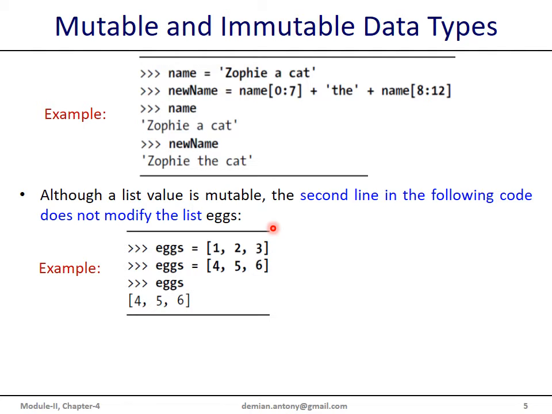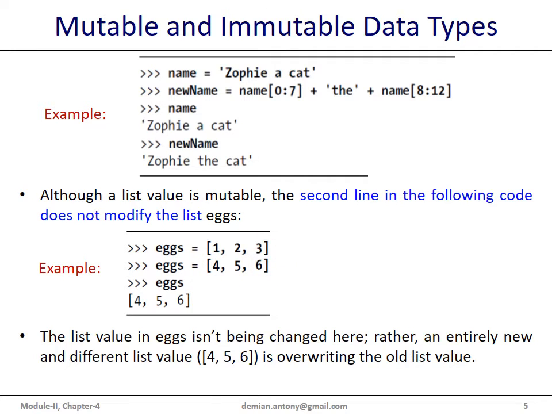Rather, the new list is being created. Let's take up this example. Here we have a list called X with 1, 2, 3 elements, and we are changing all the elements with 4, 5, 6. It means that now the old list is replaced or overwritten with the new list, not the new 3 elements. This entire old list is being replaced with the new list.